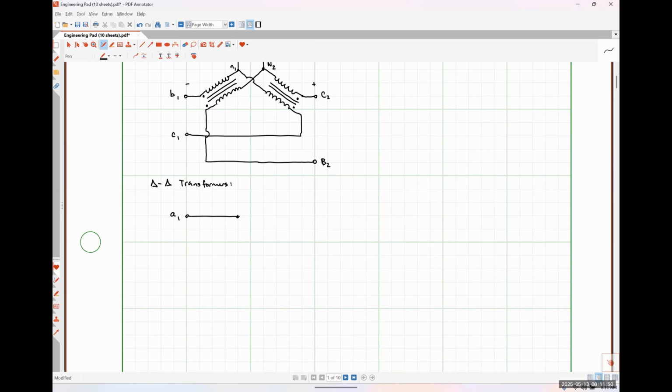And let's make this guy down here the B phase on the primary side. Put the dot up here.